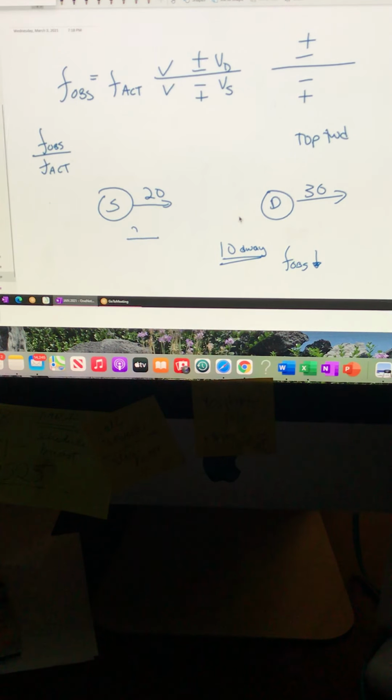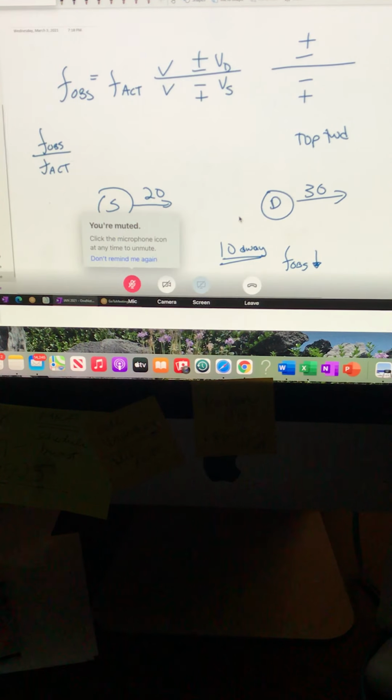If you do 20 and I do 30, I'm going to be 10 further from you. You went 20 to catch up, but I went another 30. So every second, we're going to be 10 more away from each other.